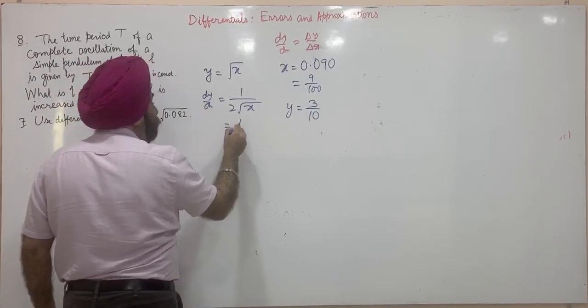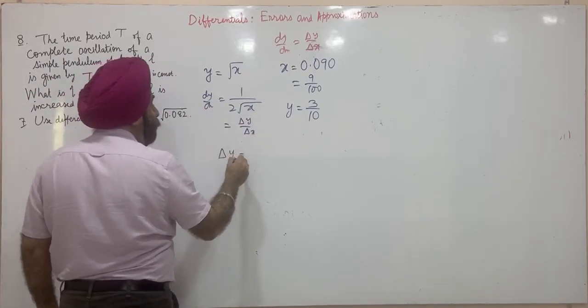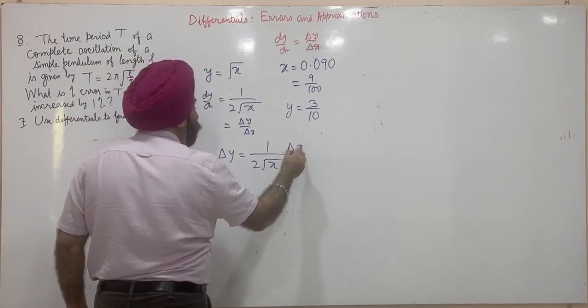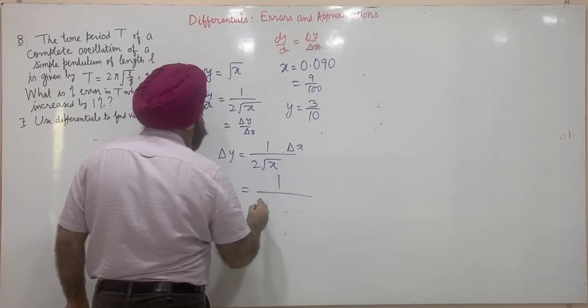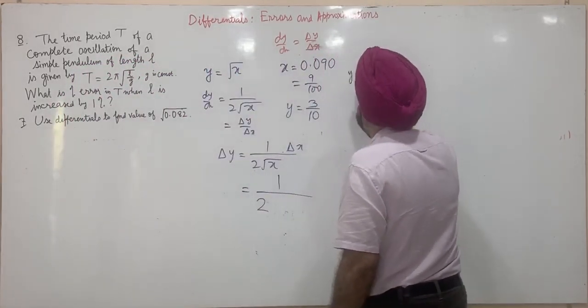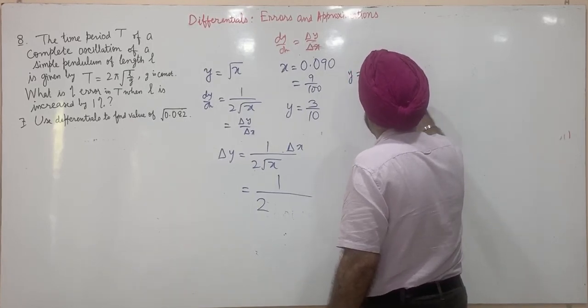dy by dx is the same as delta y by delta x. This gives us delta y as 1 by 2 root of x into delta x. Here x is 0.09 and y is root of x, that is 3 by 10, so 1 by 2 root of x is 1 by 6 here.